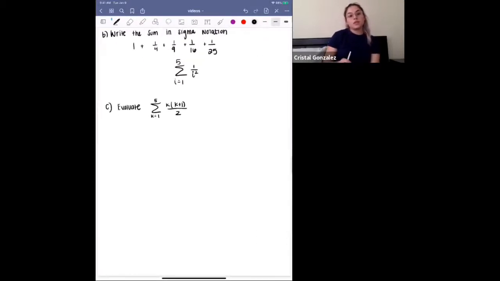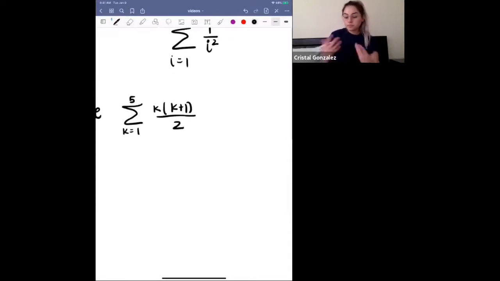Okay, so for this, we want to evaluate this sum. All we have to do is, I decided that I wanted to change my argument this time. Instead of having i's, I have k's. So when you're evaluating sums, what you want to take a look at is, does this match this, because this is what you're going to be plugging into your summation.